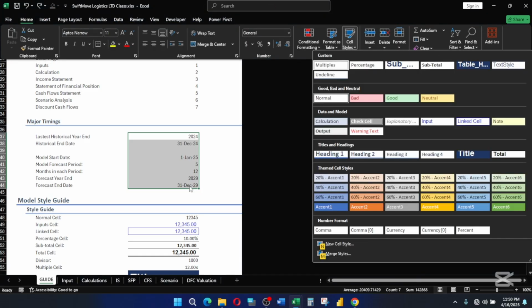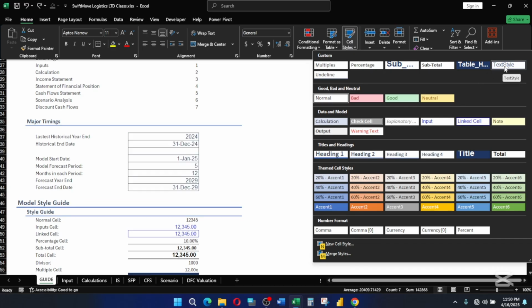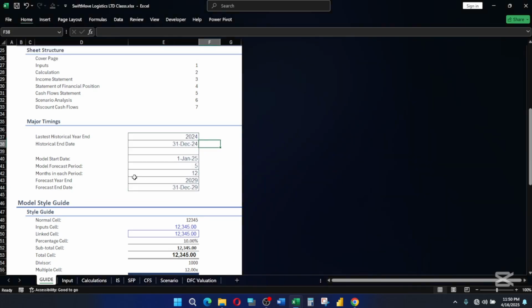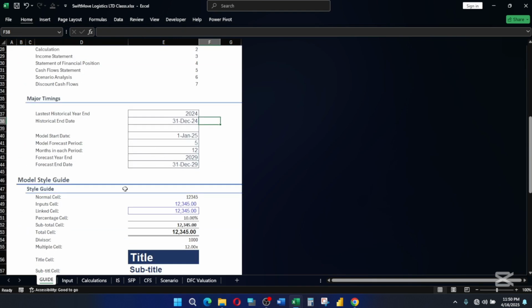What I pressed there was Alt HJ to give me this input style guide. Once you apply the style, you can see that the model forecast period is 5 years. So we are building the model for a period of 5 years.